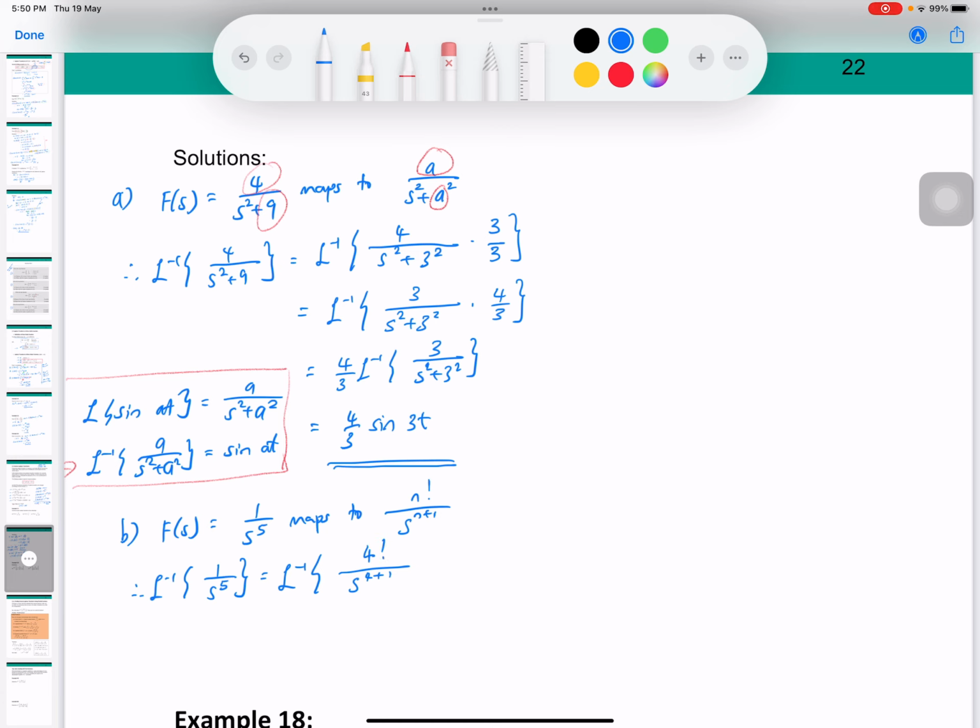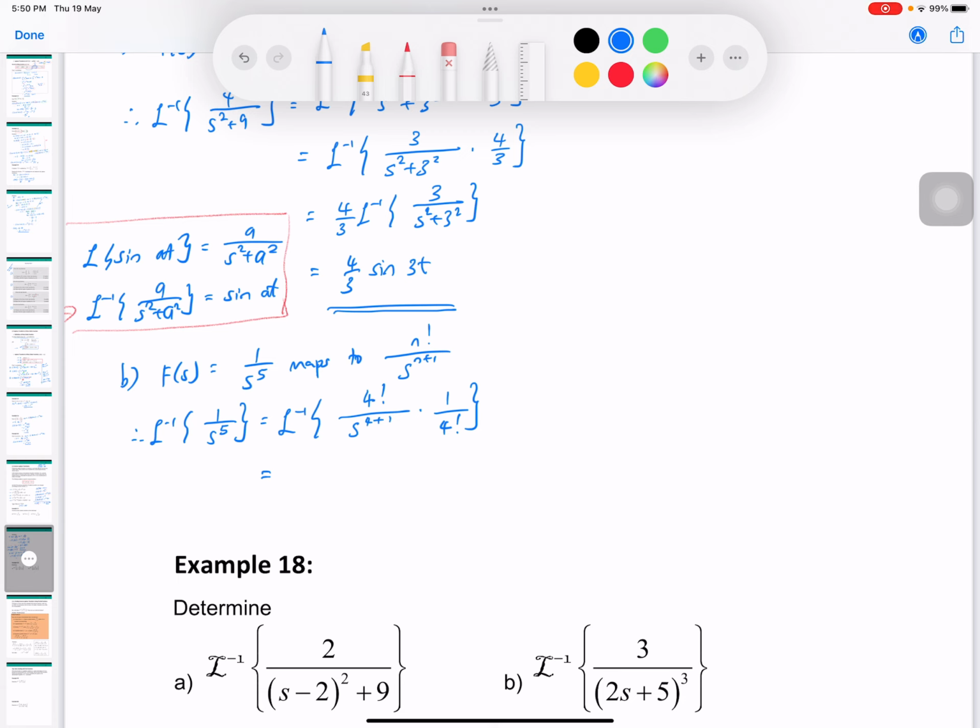If I put 4 factorial, I have to divide with another 4 factorial for me to use the formula. So this is 1 over 4 factorial outside. Inverse Laplace 4 factorial over s to the 4 plus 1. If you refer to the formula, this is 1 over 24. Inverse Laplace, they will give you t to the 4. That's the answer.